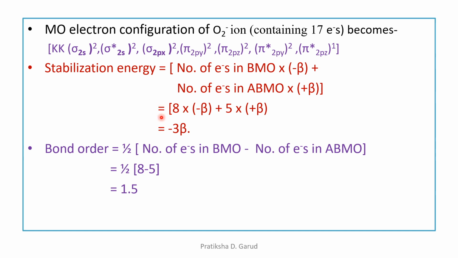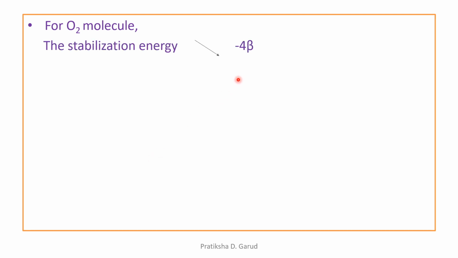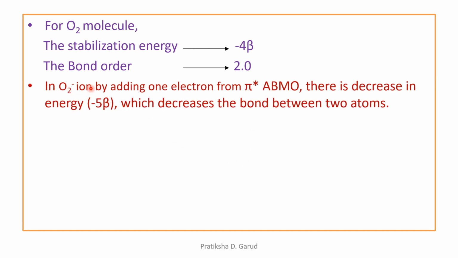So let's compare these two factors with the oxygen molecule. We know that for the oxygen molecule, the stabilization energy is minus 4 beta and the bond order is 2.0, right? Now in the O2 minus ion, by adding one electron to the pi asterisk antibonding MO, there is a decrease in energy, and that decrease is the minus 3 beta, which weakens the bond between the two atoms, right?